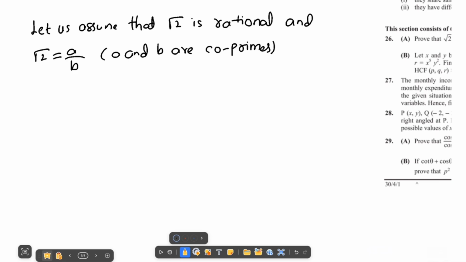So bring that b to the left side, becomes root 2 into b is equals to a.